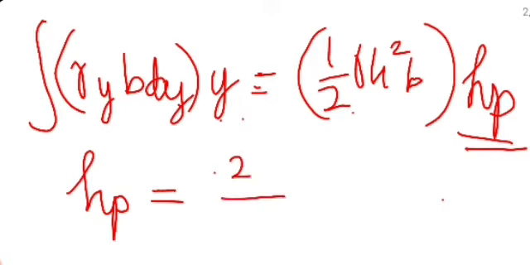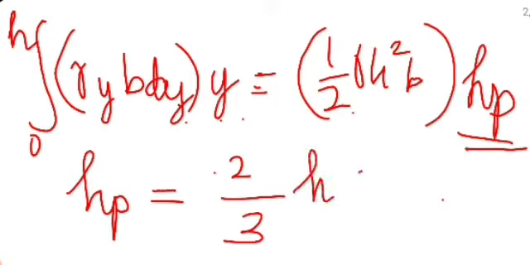So gamma will cancel, B will be cancelled, and y, on integrating from 0 to h, will turn to be h cube. So h cube by h square, when cancelled, we get h. So it is 2 by 3 h from top.